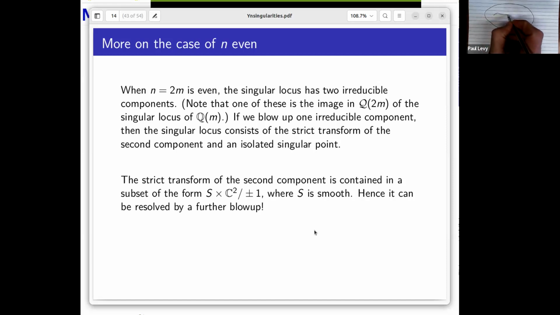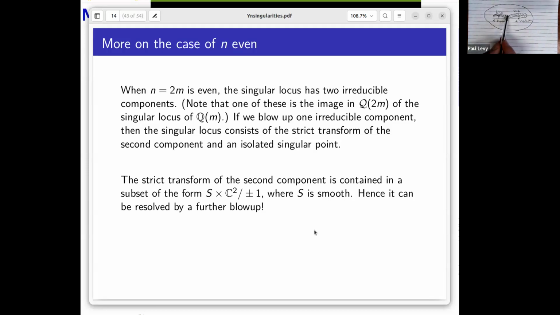Now I can't draw complex dimension 4, so this is really intuitive and not at all correct geometrically, but it's indicating the idea. So we've got 2 irreducible components of the singular locus, sing1, sing2, and all along here we've got A1 singularities, and the same thing here. And then I've got this 0.